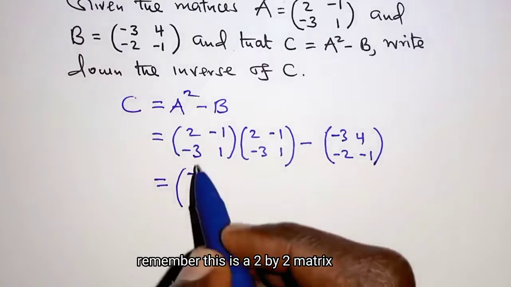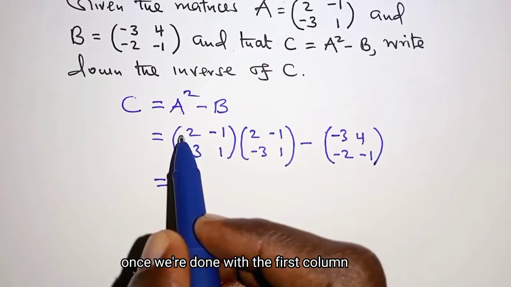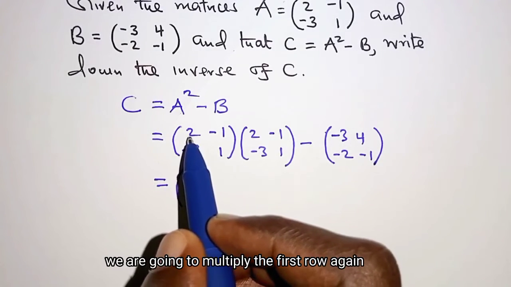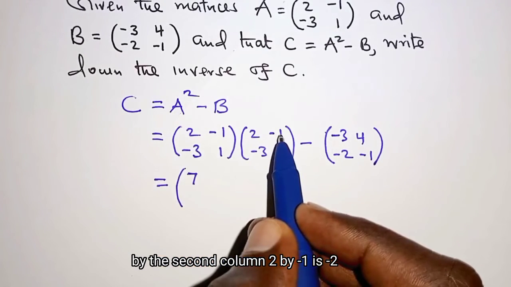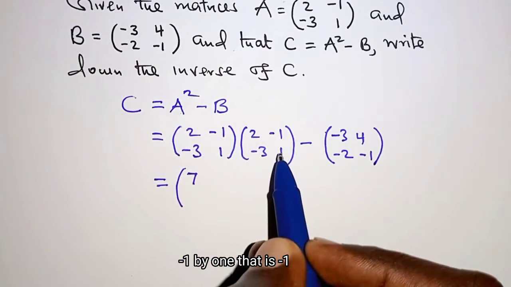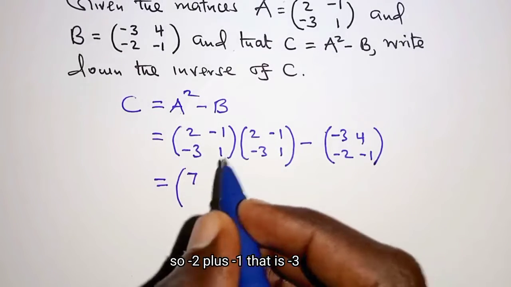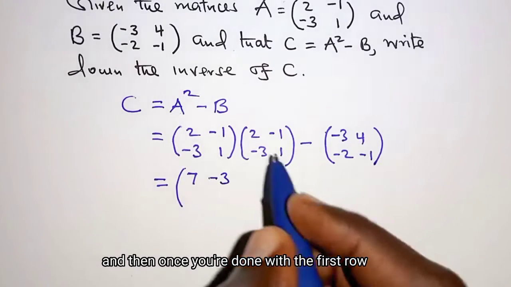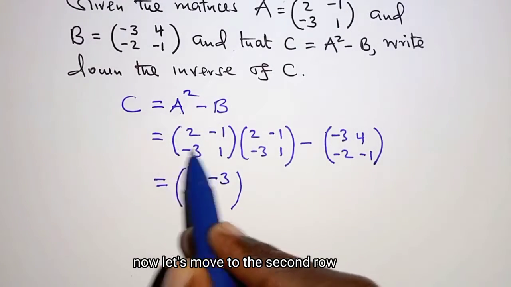Remember, these are 2 by 2 matrices, just as the two matrices are. So once we are done with the first column, we are going to multiply the first row again by the second column. 2 by -1 is -2, -1 by 1, that is -1. So -2 plus -1, that is -3.